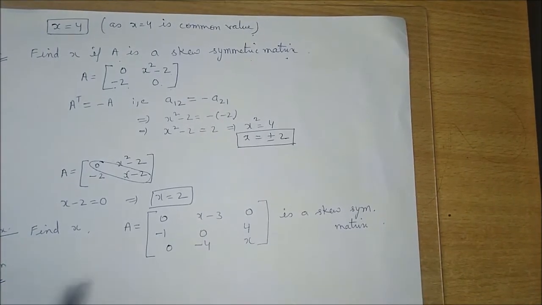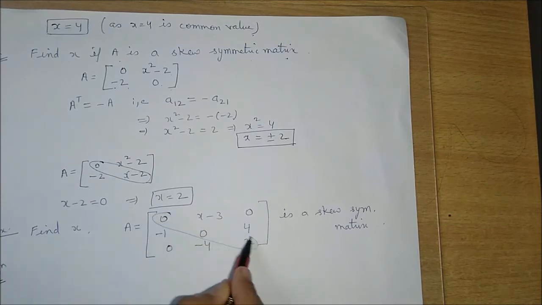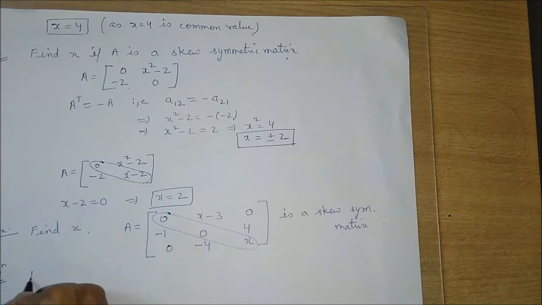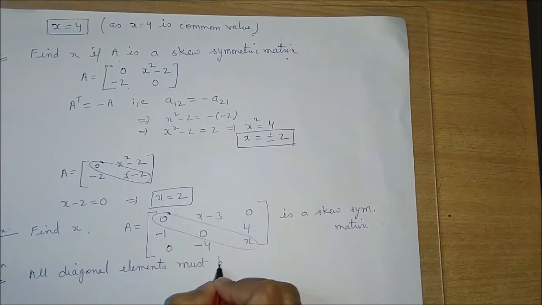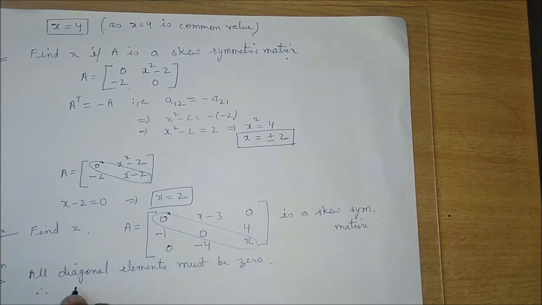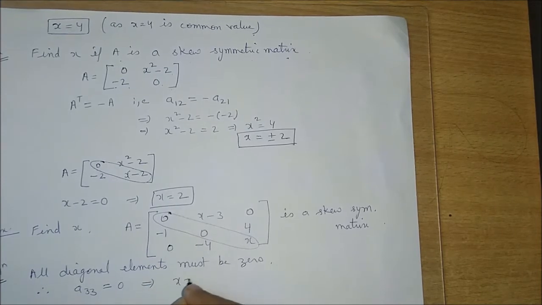Now as we know that it is a skew symmetric matrix, all the diagonal elements must be equal to 0. Therefore, A33 must be equal to 0. That means x equals to 0.